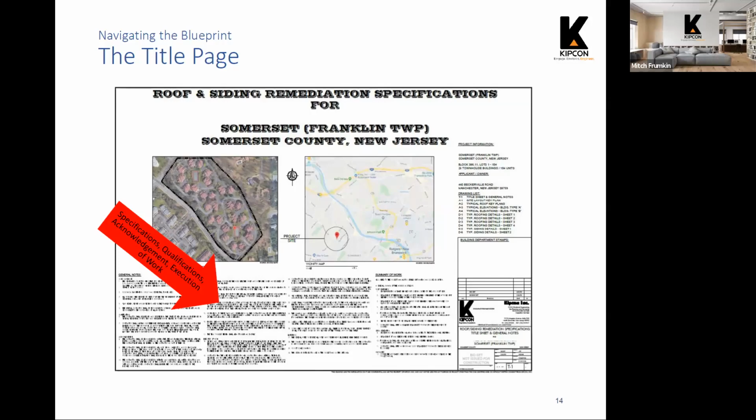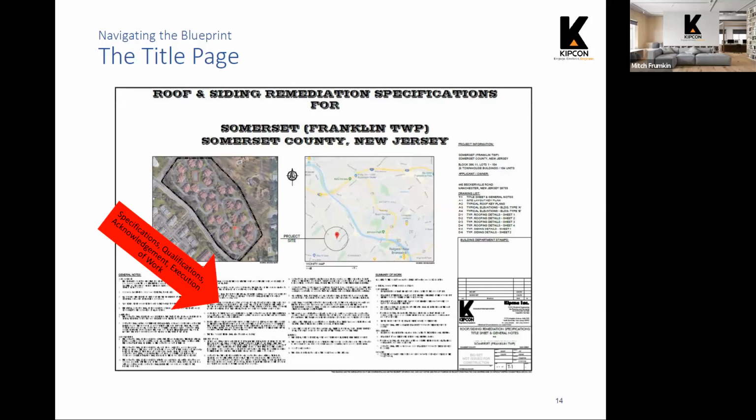Also rules, if you will, or requirements in regard to execution of the work. Where can the contractor keep materials on site, or what are the requirements for the contractor cleaning the site each day, or who should they notify when they are on site, or who should they call prior to starting the work, such as New Jersey One Call that marks out utilities.